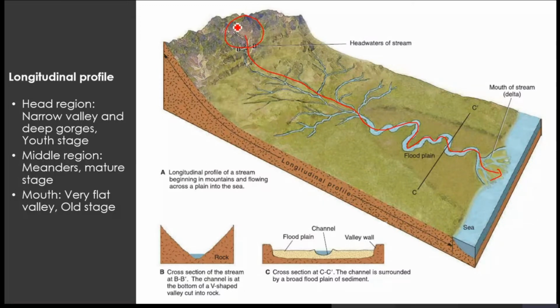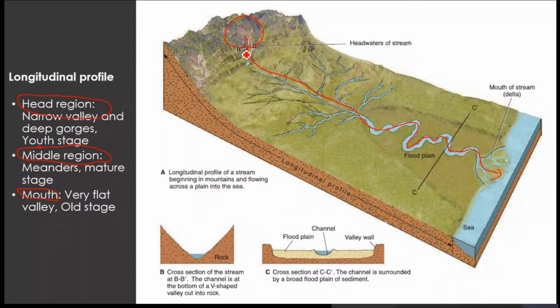If you see the longitudinal profile of this river, we can basically divide it into three parts. The first part we call the head region, the second part the middle region, and the third part the mouth. The activity of the river in these three parts is different.